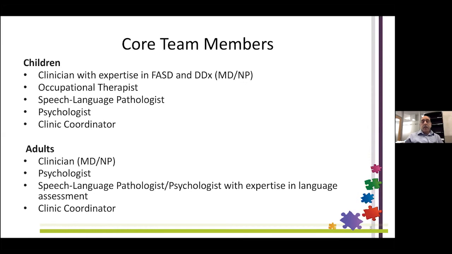And almost all teams will have a speech language pathologist and a psychologist. An occupational therapist would depend on the availability of that individual within the region. Sometimes on adult teams, the psychologists can do a lot of the language assessments and may not have a speech language pathologist.